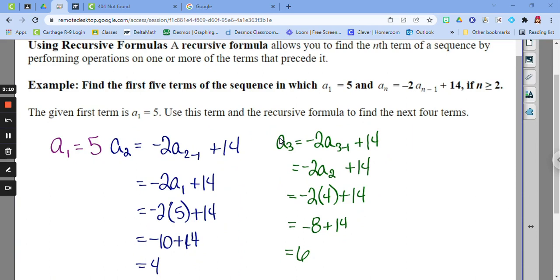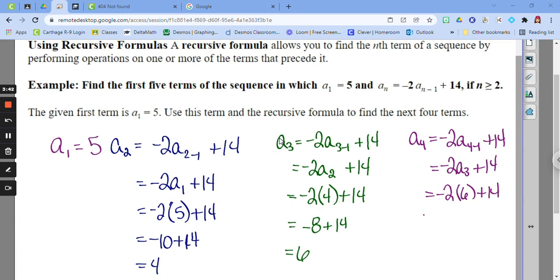So the fourth term, -2 times a sub 4 minus 1. Again, that's the formal notation. All I'm really doing is using the previous term to get this. So -2 times the third term, which is the previous one. So that's -12 plus 14, 2.